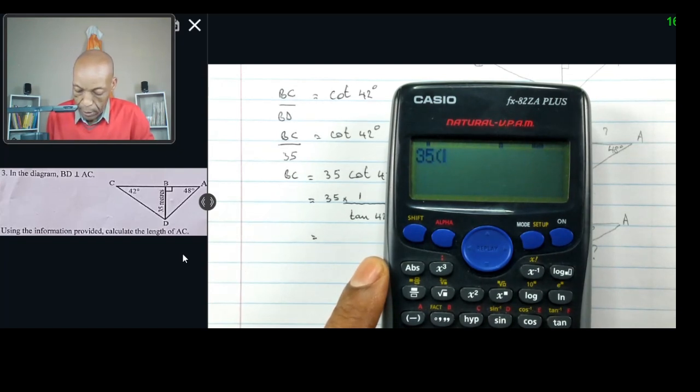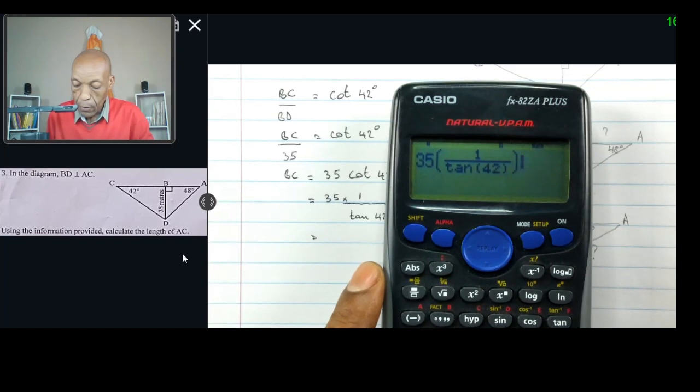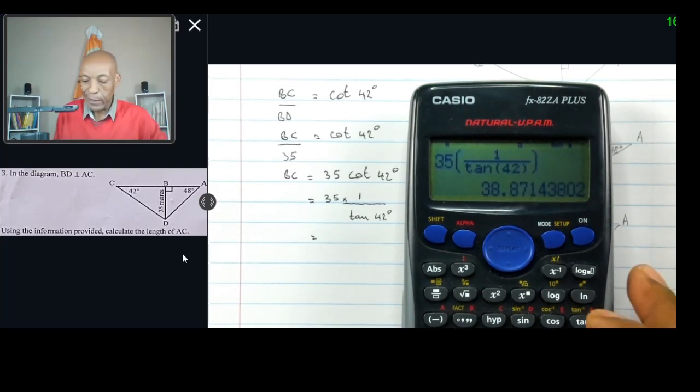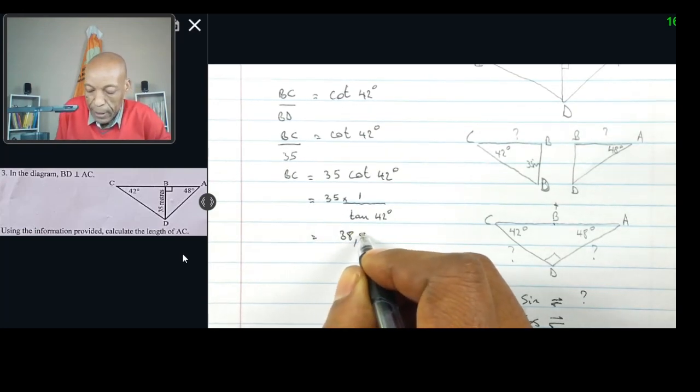Times it by 1 over tan 42. Then I close my 42, then I close my entire bracket because it is multiplying that whole thing. Then what do we get? 38,87. Okay, so we have 38,87.